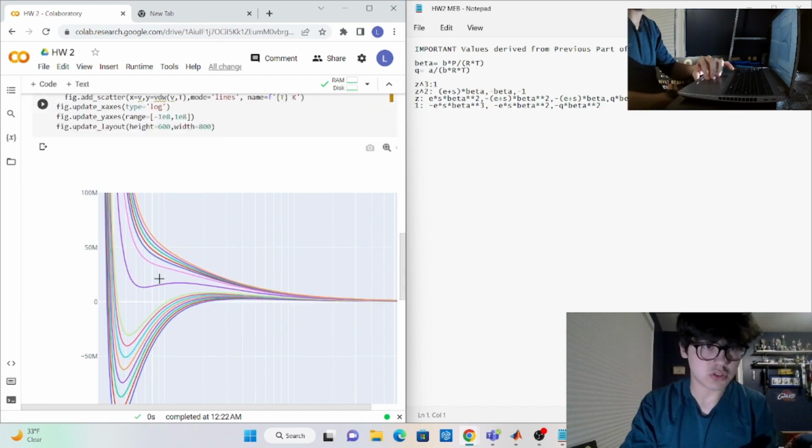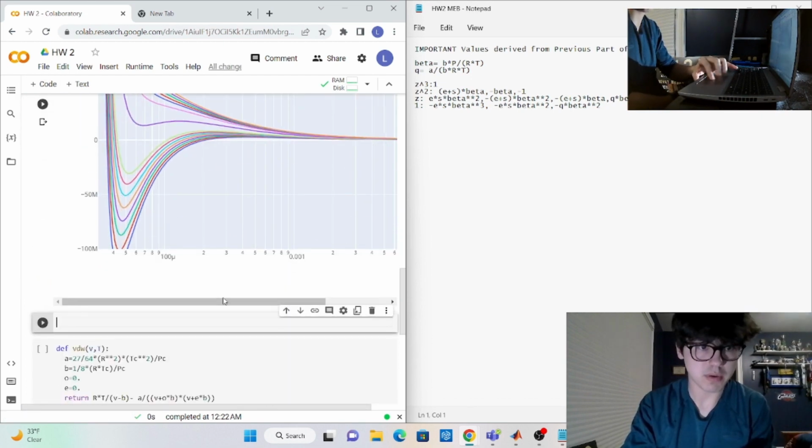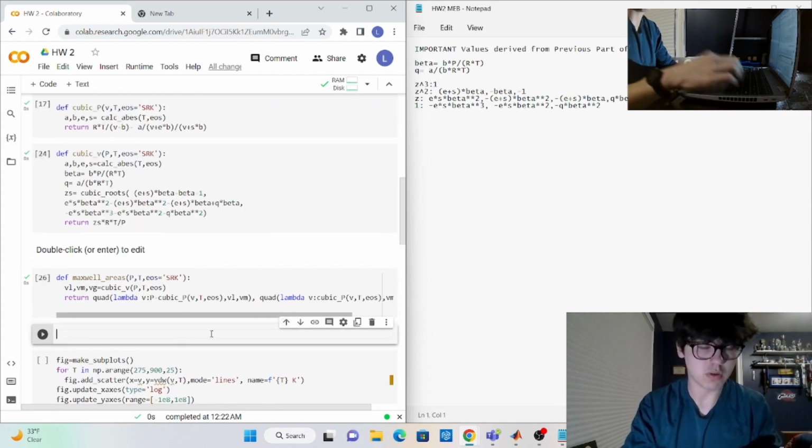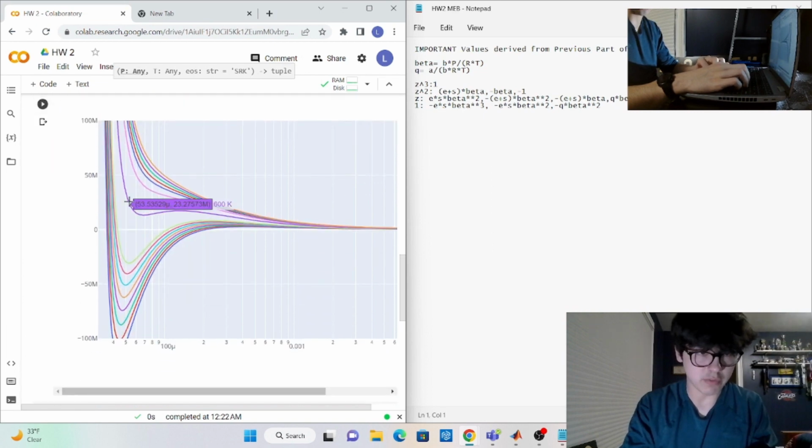So let's try it out. I don't want that so far down there. All right. So return Maxwell_areas. So we're at 600 Kelvin. What pressure will kind of split this line up here? What do you think would give us a decent value?